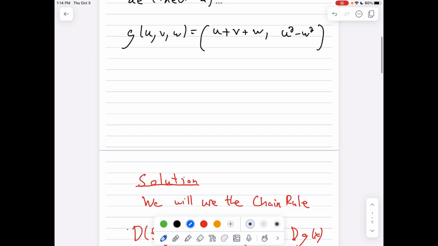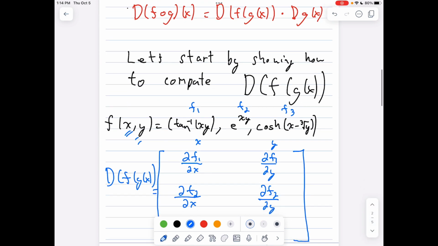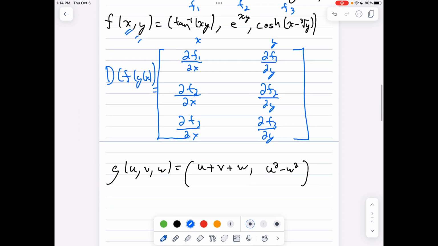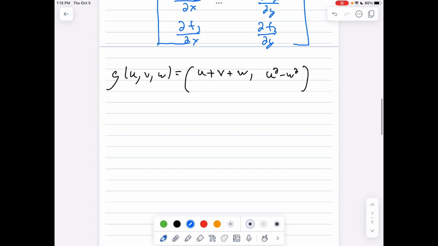This would be x, and this would be y. So you technically need to do that. However, because these problems get rather complicated with all the computations, we'll just leave them alone with the partials, and we'll just make a note of what x and y equal in terms of u, v, and w, or whatever variables you have.